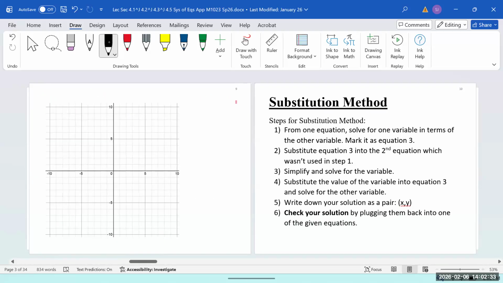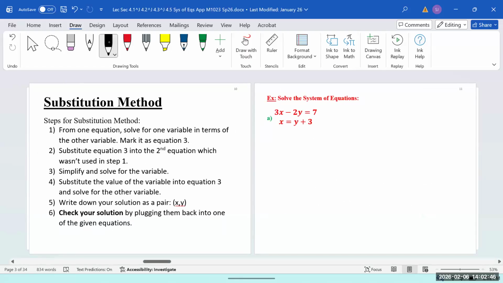The next method is called the substitution method, which we are going to learn in our next class. In the substitution method, we substitute one equation into another variable. Example here. We have x equals y plus 3. So instead of writing this x, we write y plus 3.